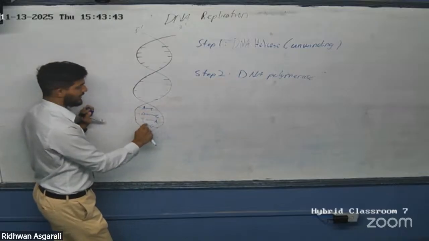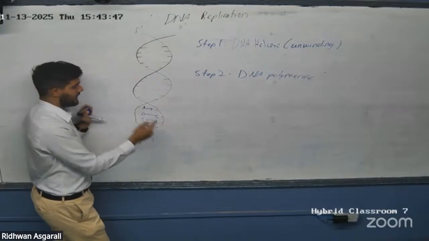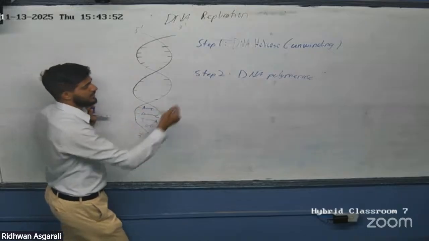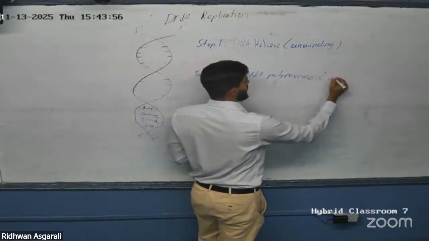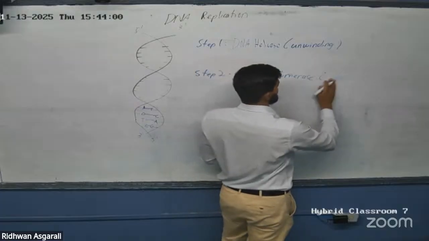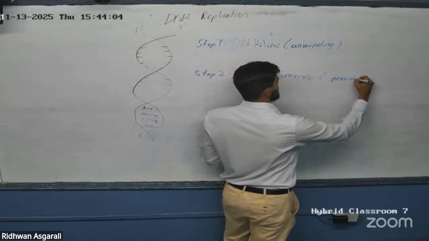So if that was C here, the complementary base will be G. If that was T here, the complementary base will be A. So it starts to copy it. The DNA polymerase copies. What does it copy? Complementary.